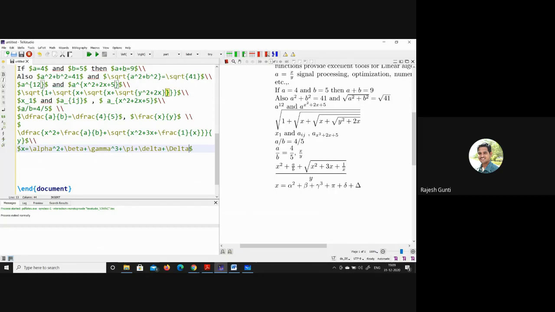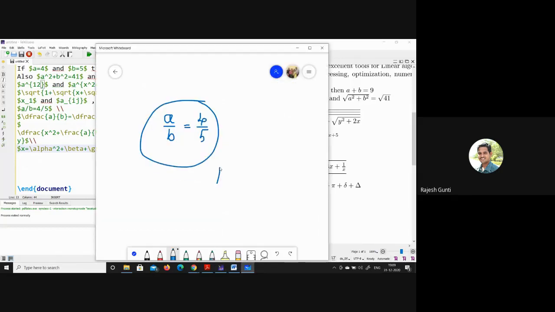Next, I'm going to some advanced mathematical symbols. Suppose I want to type limit x tends to infinity, x tends to a, for example, f of x is equal to f. I want to insert these symbols.